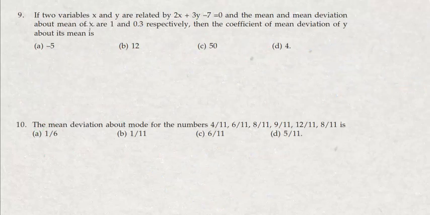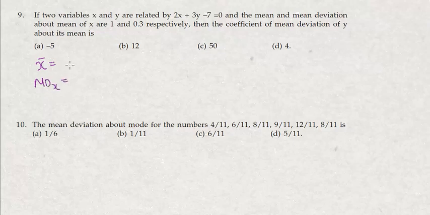If two variables x and y are related by 2x plus 3y minus 7 is equal to 0, and the mean and mean deviation about mean of x are 1 and 0.3 respectively, then the coefficient of mean deviation of y about its mean is. We have been given the value of x bar here and the value of mean deviation of x here.